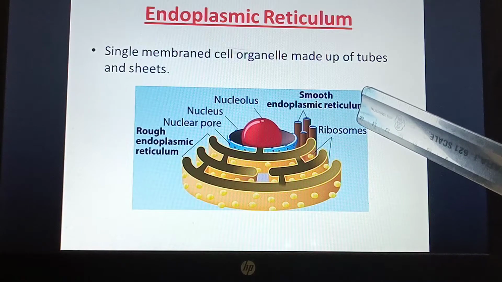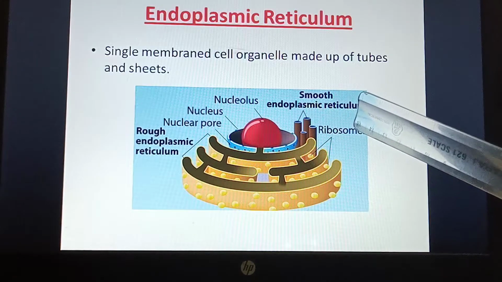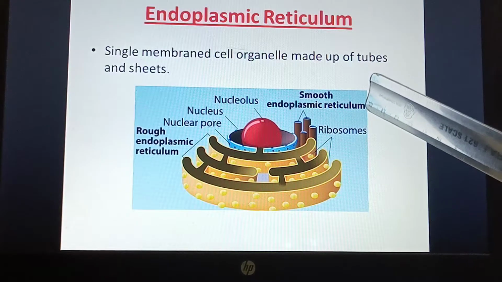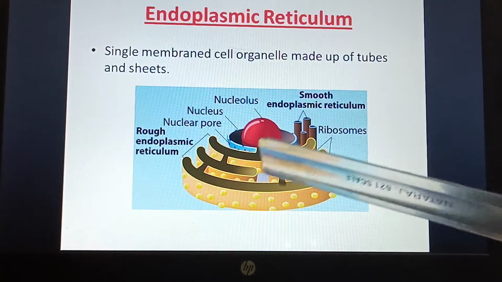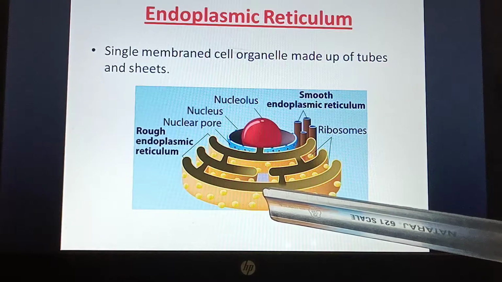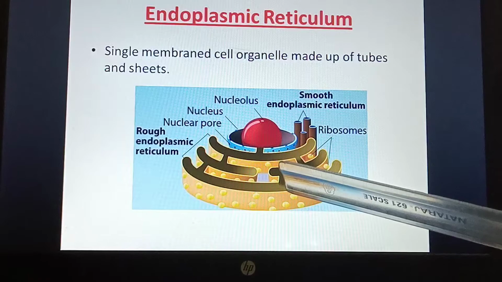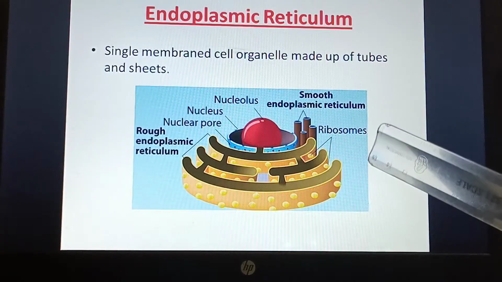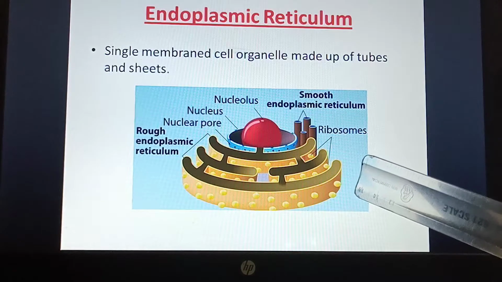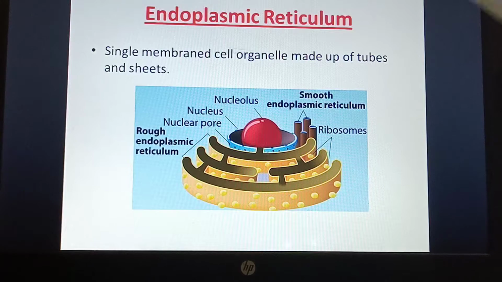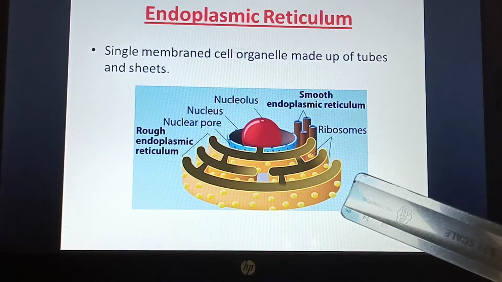Why are they called smooth endoplasmic reticulum? Because they do not have ribosomes, whereas the rough endoplasmic reticulum consists of ribosomes. You can see here, these are the dots, they are ribosomes, and these ribosomes are called protein factories of the body because they help in synthesis of protein.